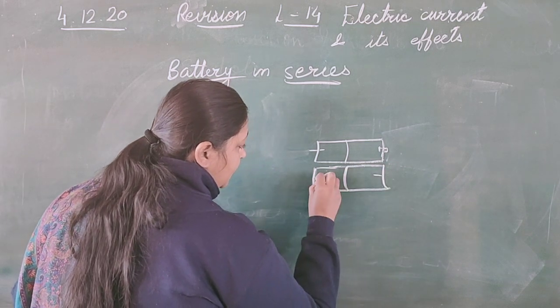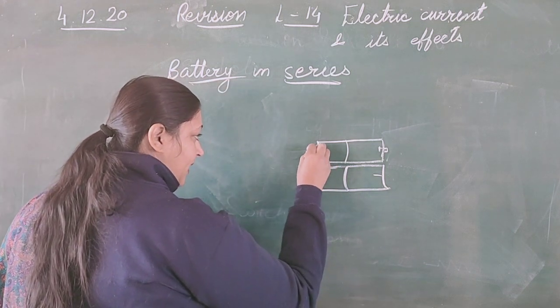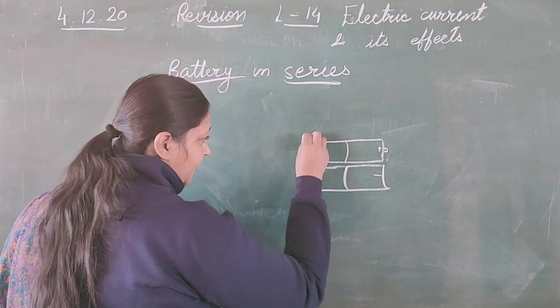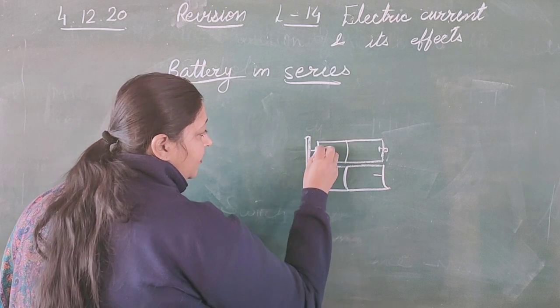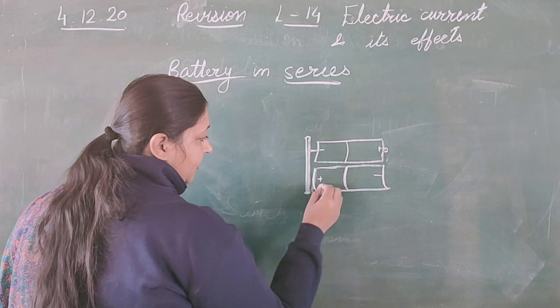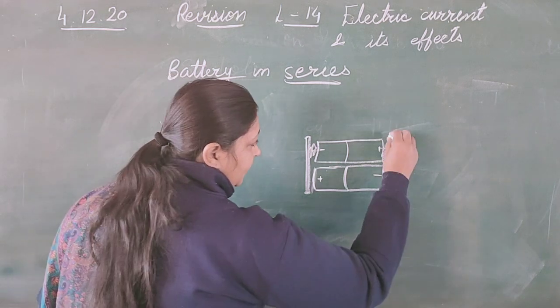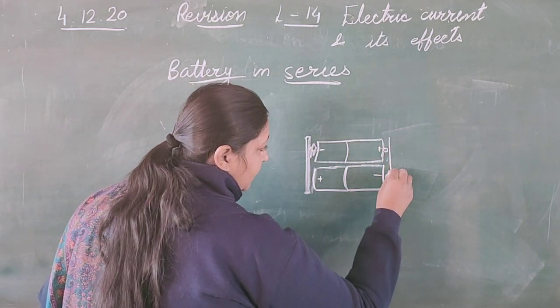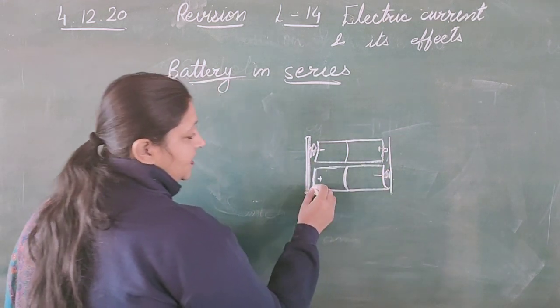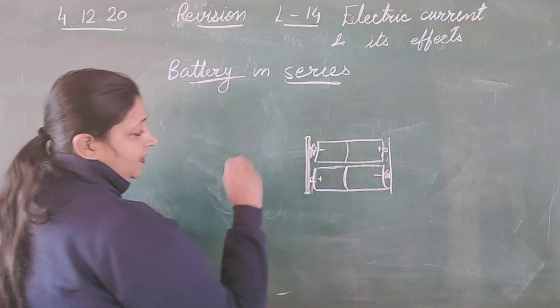Here is a metal chip. This is a metal chip which is attached to the negative of one and there is a spring. In a similar manner, there is a spring over here which connects the positive attachment.